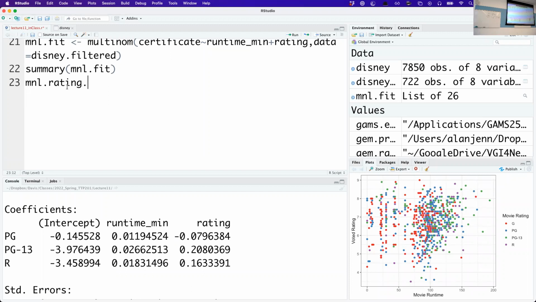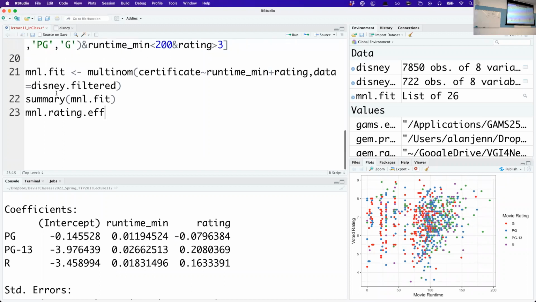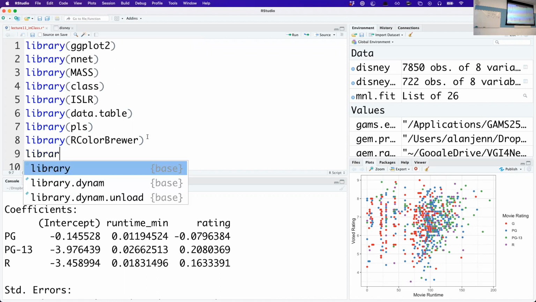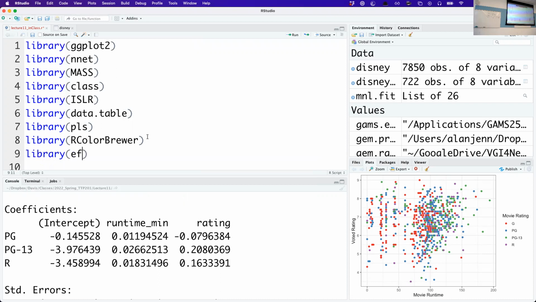There is a package. Oh, I don't think I actually have that loaded here. Yeah, it's called effects. Sorry, we have a lot of packages today.